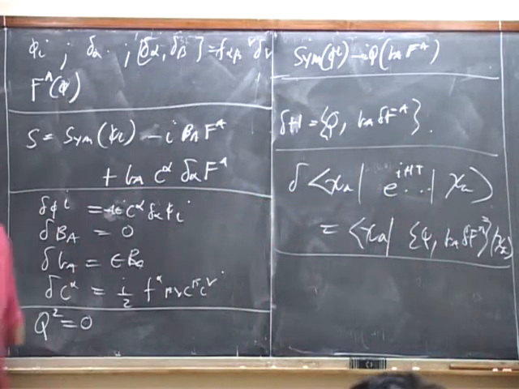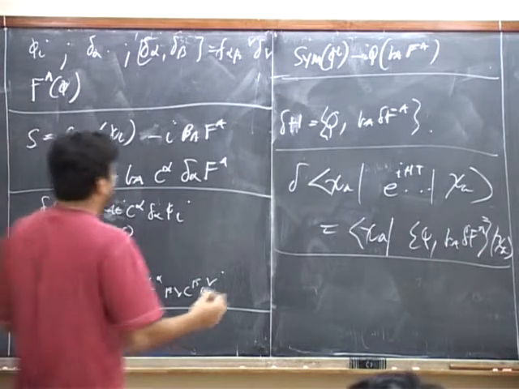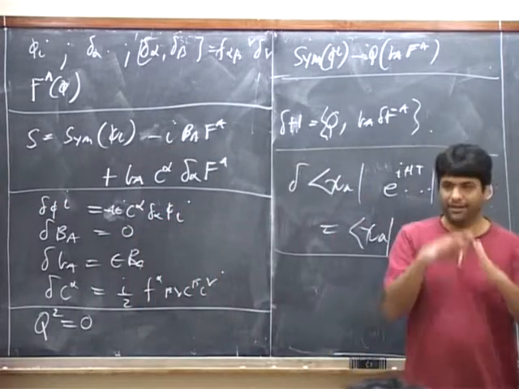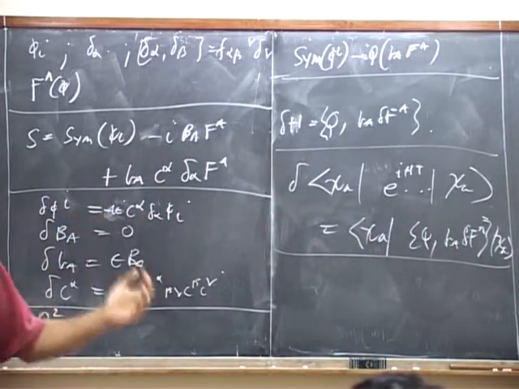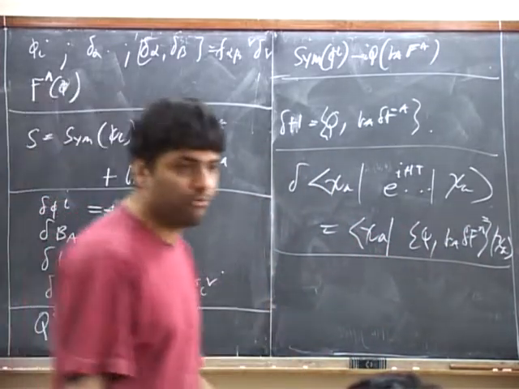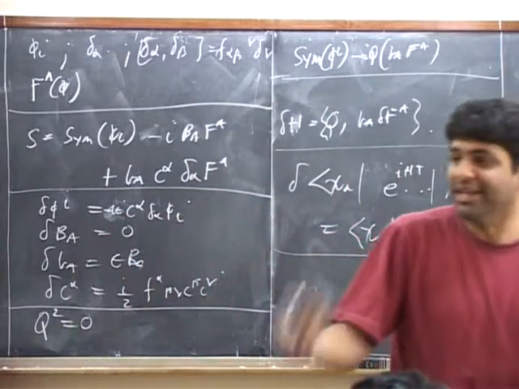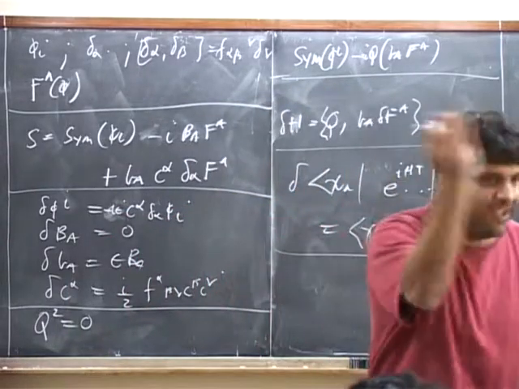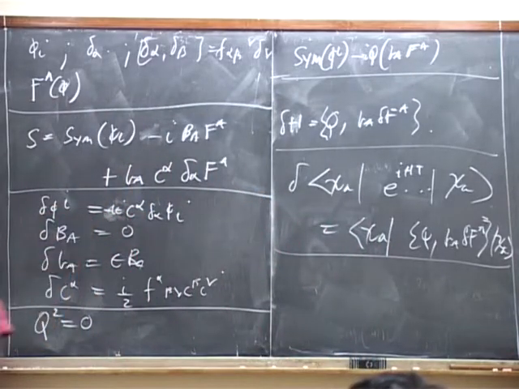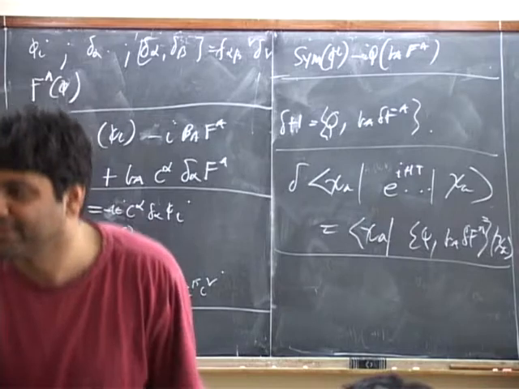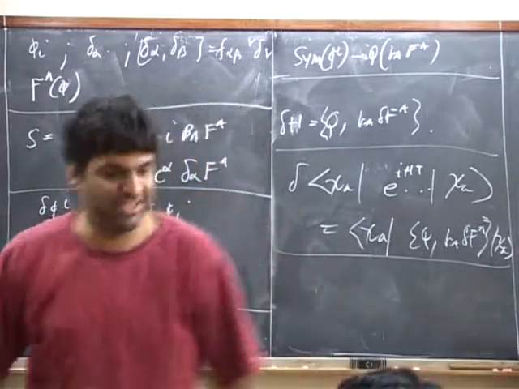So our physical Hilbert space can at most be, the largest space it could be is the space of states that are annihilated by Q, and the largest space of physical operators it could be is the set of operators that commute with Q. There could be further restrictions that don't come out of this simple condition, but this is a necessary condition.